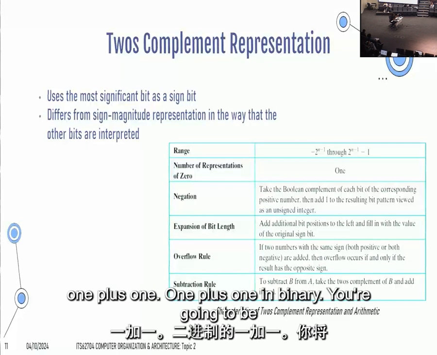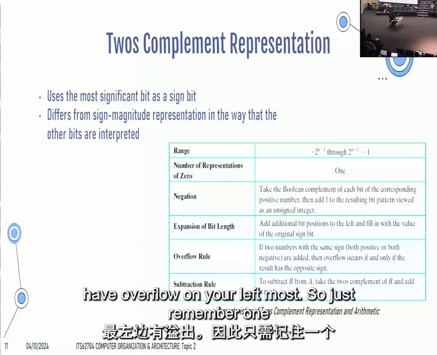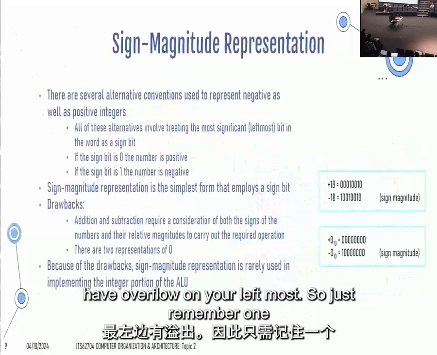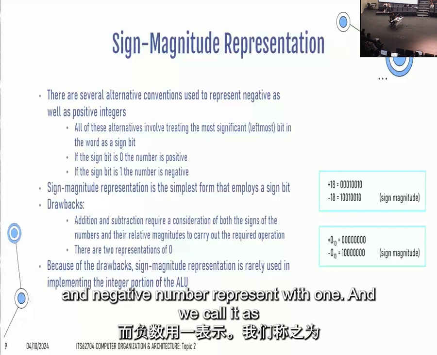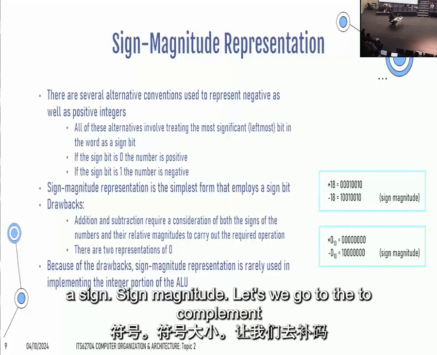Imagine that you want to have 1 plus 1 in binary. They're going to have overflow on your leftmost. So just remember one thing in this slide: a positive number is represented with a 0 and a negative number is represented with a 1, and we call it a sign magnitude.